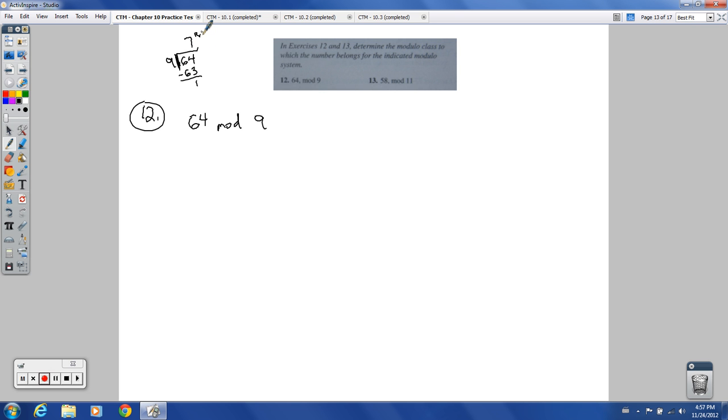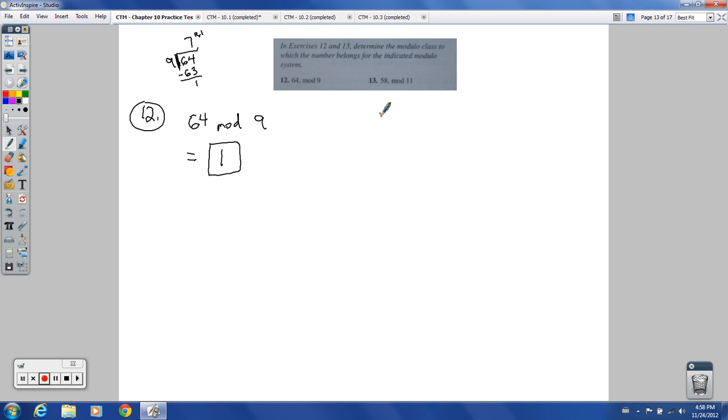So 64 mod 9 equals 1, because the remainder is 1. The 7 part doesn't really matter with modular arithmetic. It's just a matter of what the remainder is.